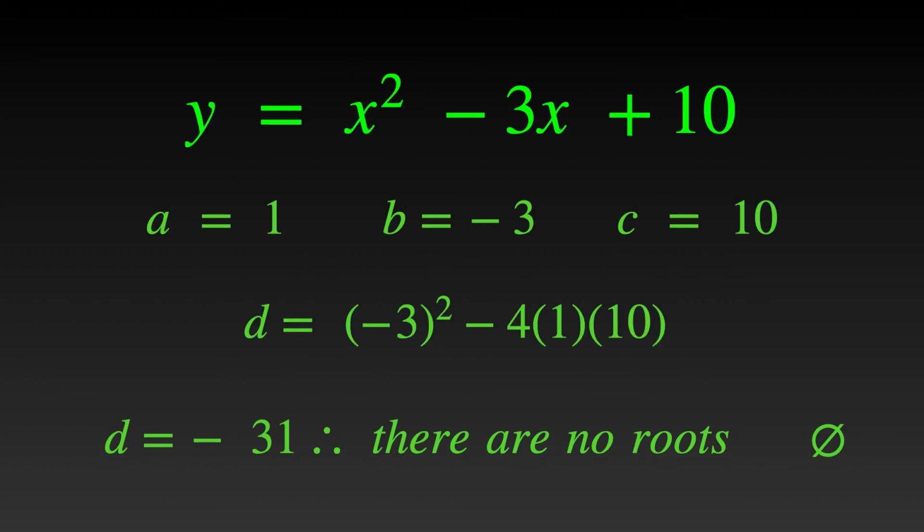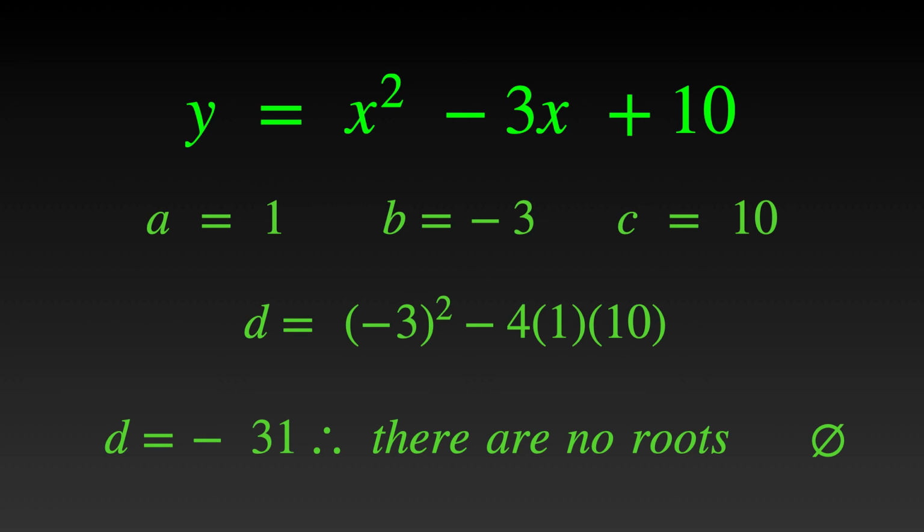Let's do one more. All right, so I've done the work here for this last one. Y is equal to x squared minus 3x plus 10. First thing I did was I said A equal, B equal, C equal. And then I plugged it in. D equals negative 3 squared minus 4 times 1 times 10.